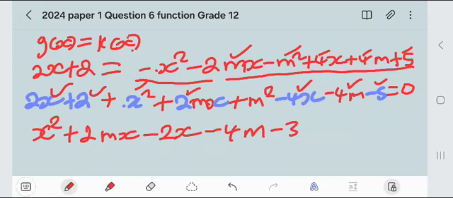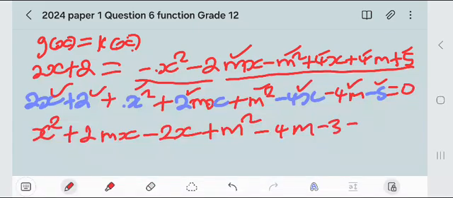Then obviously here we have 0. We have m squared at the end, m squared plus m squared. So we are done with m squared minus 4m minus 3 equals 0.